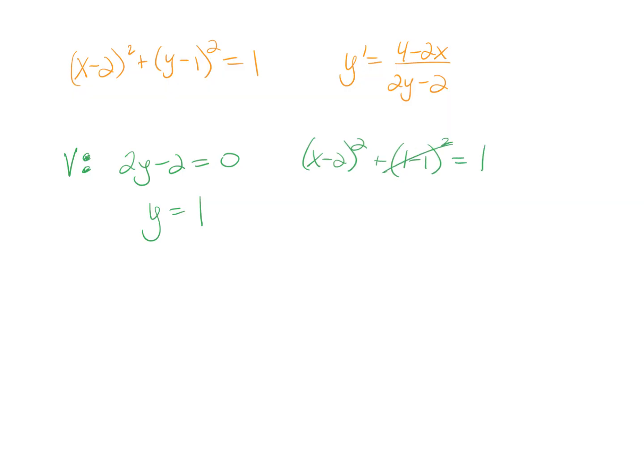That's just a 0. So x − 2 is plus or minus 1, just square root both sides. And I get x equals 1 plus 2 is 3, and negative 1 plus 2 is 1. So my points are going to be (3, 1) and (1, 1). And you can see that those are the points on the graph if you go back a slide and check it out.